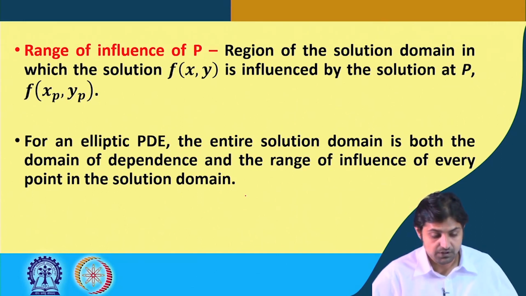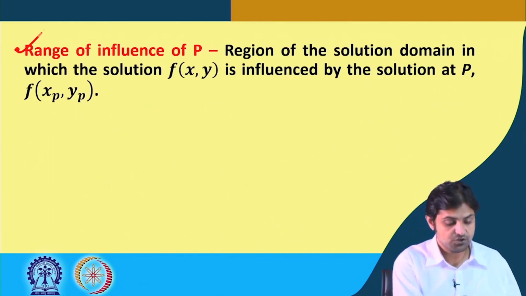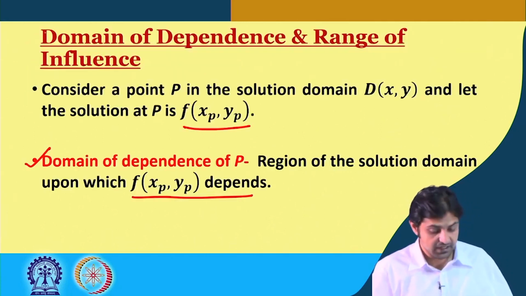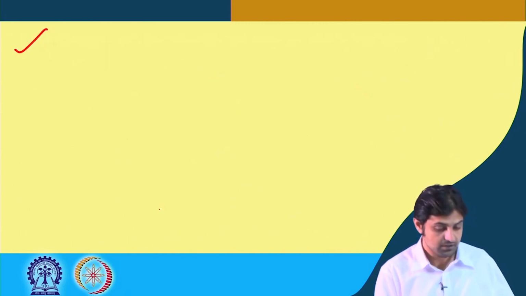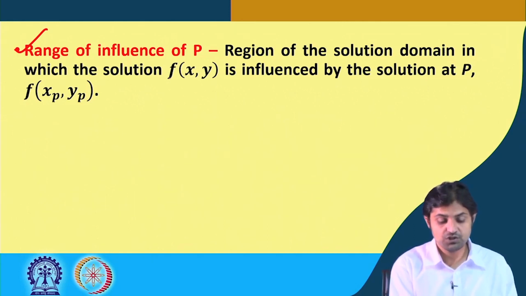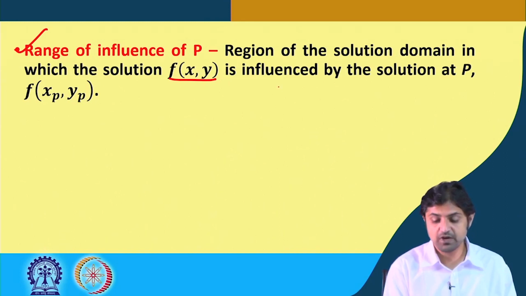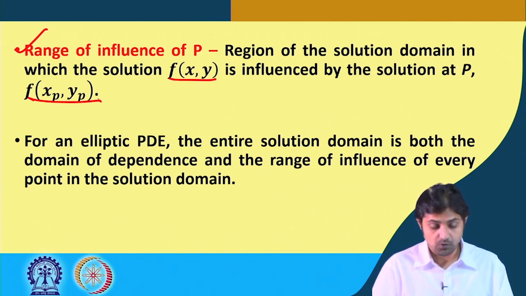So, there are two things: the domain of dependence of P, which is the region of solution domain upon which f of xp comma yp depends, and secondly the range of influence of P, which is the region of solution domain in which the solution f of x comma y is influenced by the solution at P. Applying this to an elliptical partial differential equation, the entire solution domain is both the domain of dependence and the range of influence of every point in the solution domain.